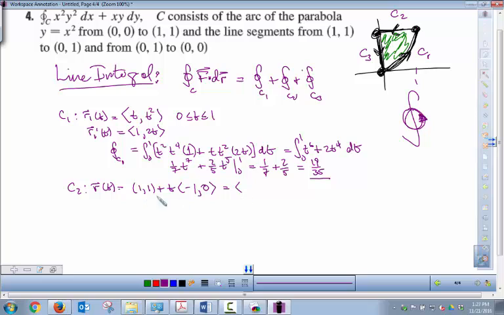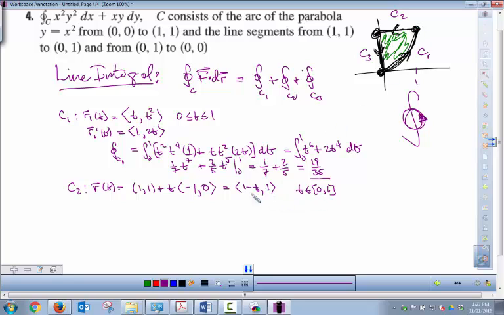So that simplifies to (1 minus t, 1). And if you want to put 0 and 1 in there, to make sure that you start and end at the appropriate spots: if you put 0 in there, you're going to get (1, 1).